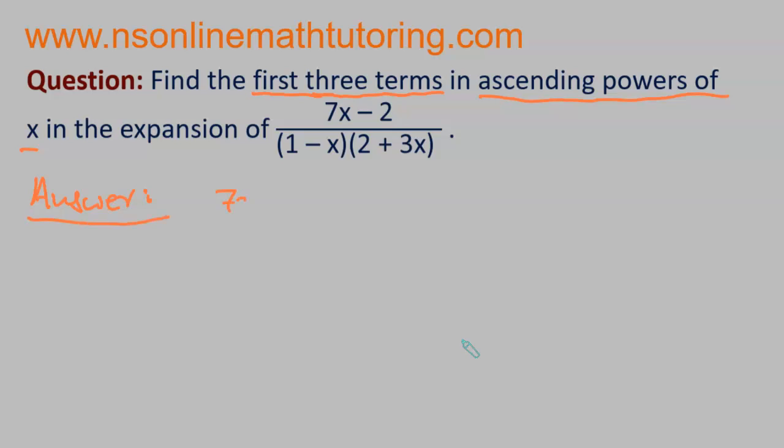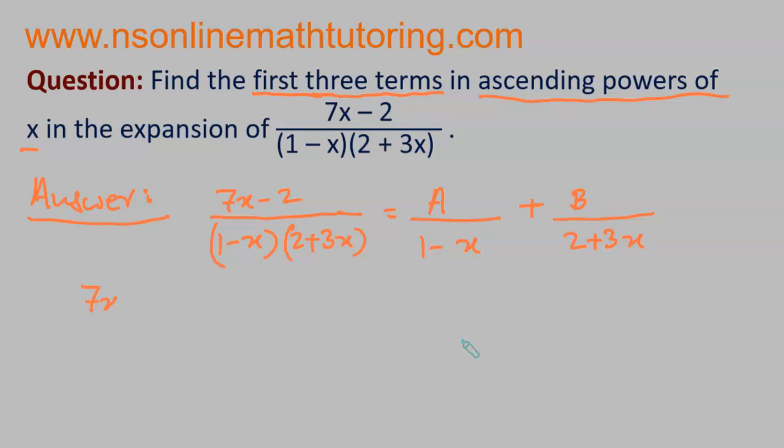So 7x minus 2 over 1 minus x times 2 plus 3x can be written as a over 1 minus x plus b over 2 plus 3x. Okay. And now we have to make the denominators the same for both the terms of the right hand side.